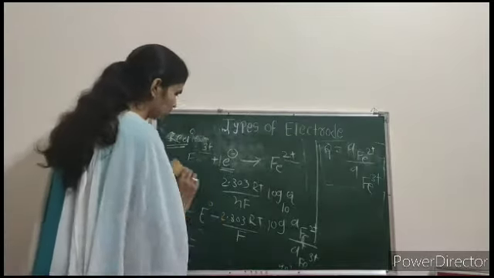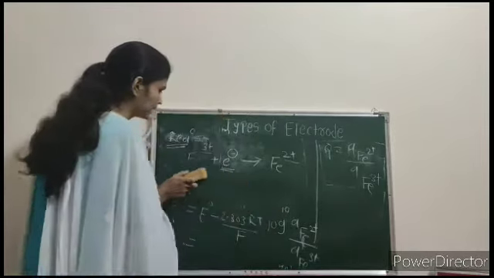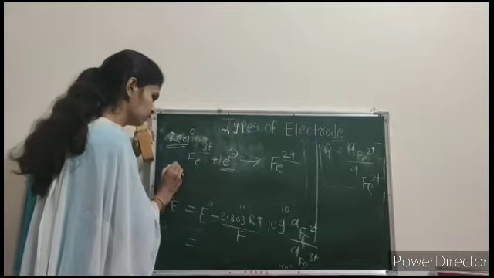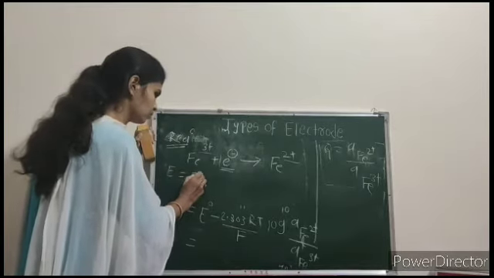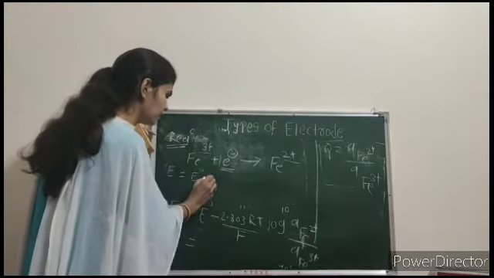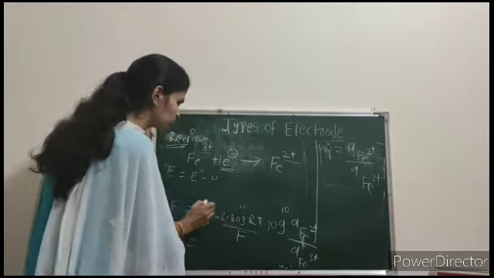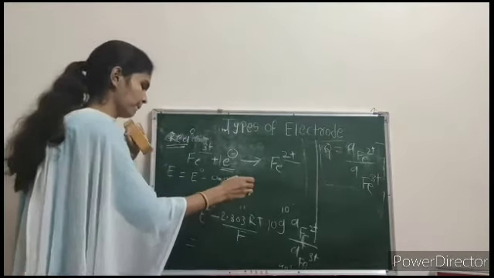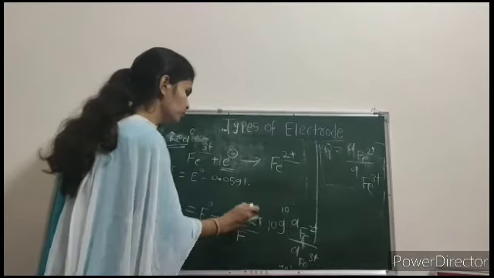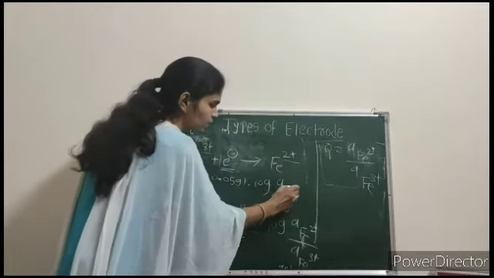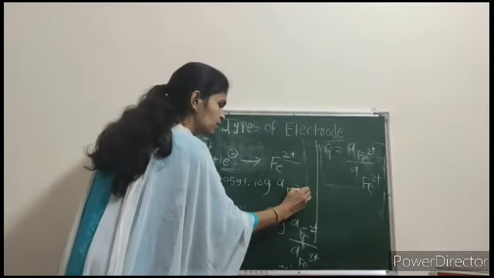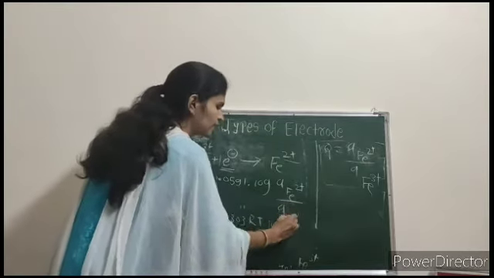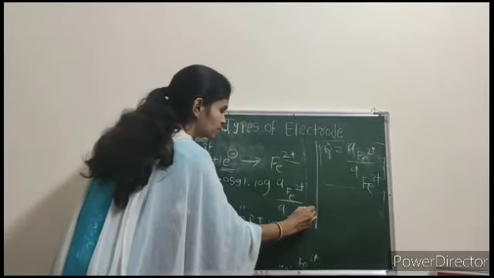At 298 Kelvin, E is equal to E naught minus 0.0591 into log of the activity of Fe2 plus upon the activity of Fe3 plus.